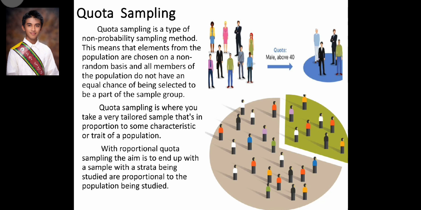So, ikana nga sample, magpasabot lang nga the other or the whole population has no equal chance to be part of the sample because you have the specific requirements to be met of the sample. The quota sampling, the sample is chosen by the researchers in terms of the requirements needed to be met.